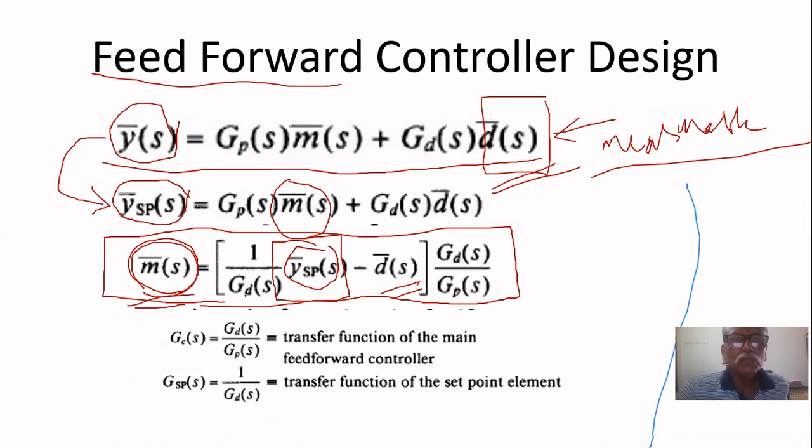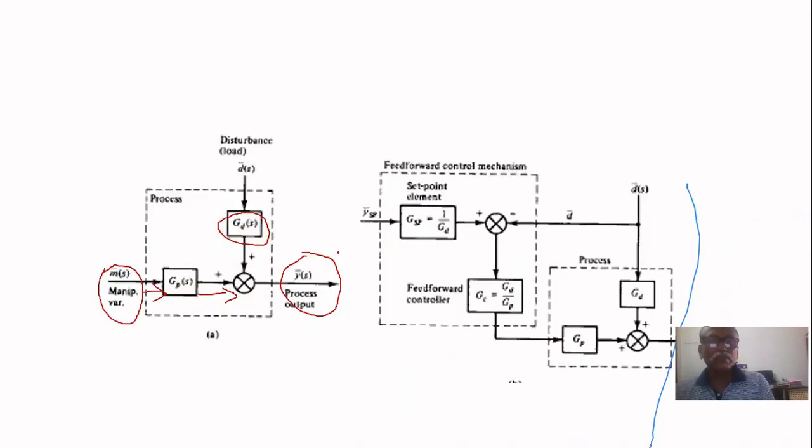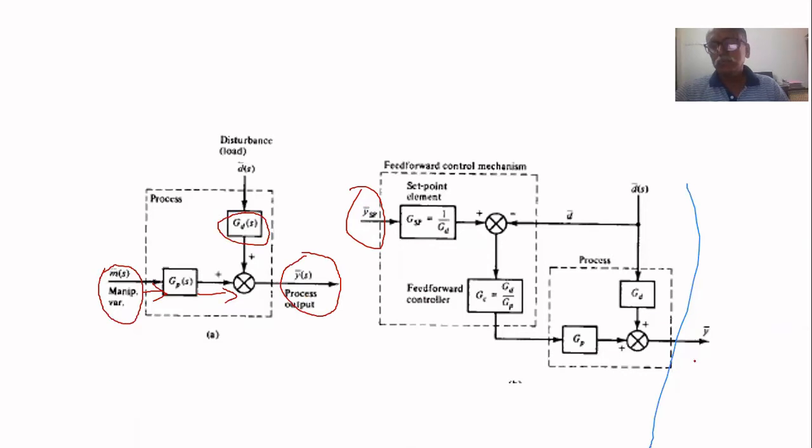So we got this equation, that is 1 upon Gd of S, the disturbance model, multiplied by y set point of S minus D of S, disturbance, multiplied by Gd of S, disturbance model, divided by Gp of S. So here this 1 by Gd of S must be multiplied by y set point of S. Then it should be subtracted from D of S. Therefore, main feed-forward controller is this Gd of S by Gp of S. But the set point must be multiplied by 1 by Gd of S, because from general we can understand that y set point means what should be the output, what is the expected output.